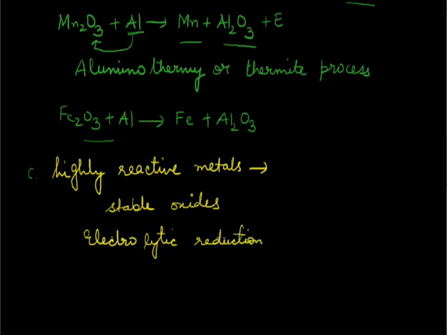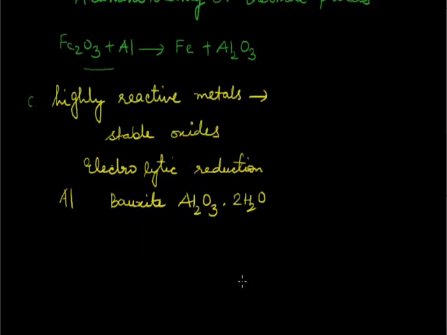We can understand this electrolytic reduction by taking an example of metal aluminium. The ore of aluminium is bauxite, Al2O3.2H2O. It is first concentrated, the gangue is removed, and once it is concentrated, this ore is impure.